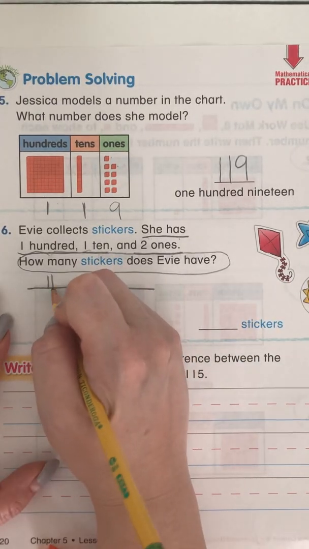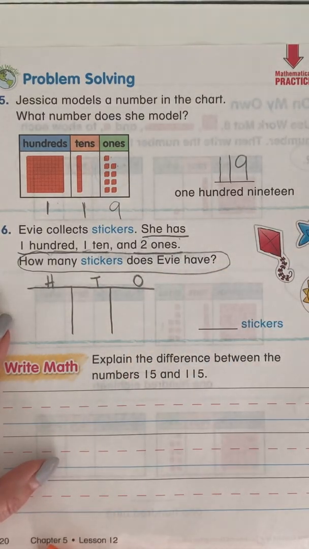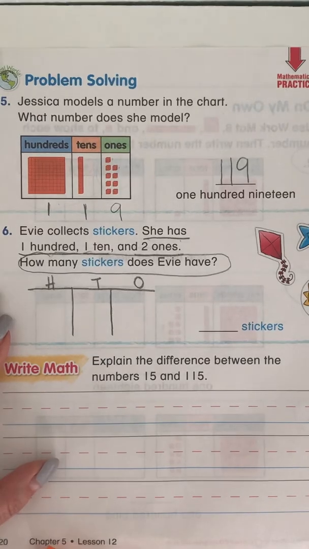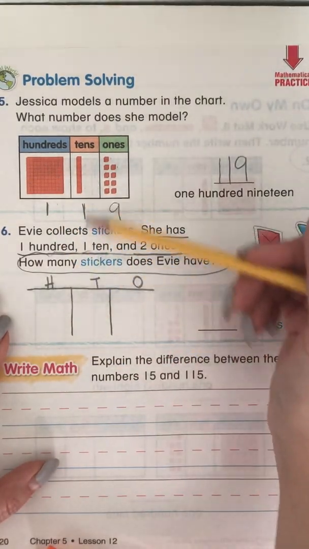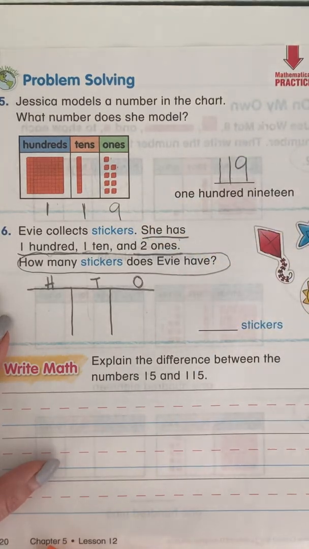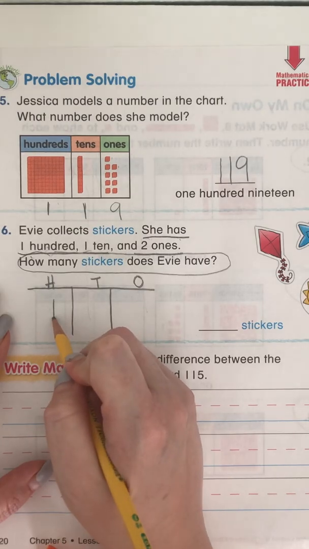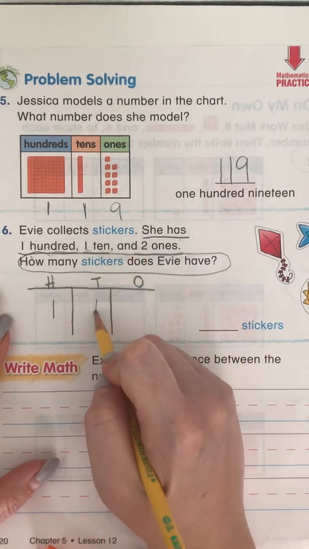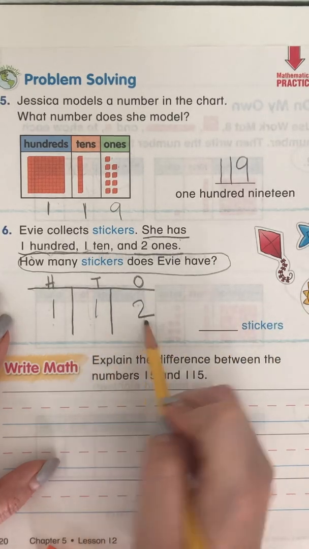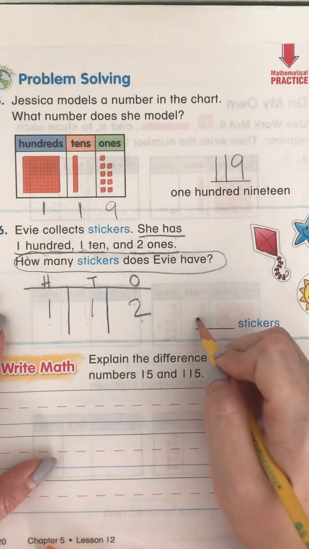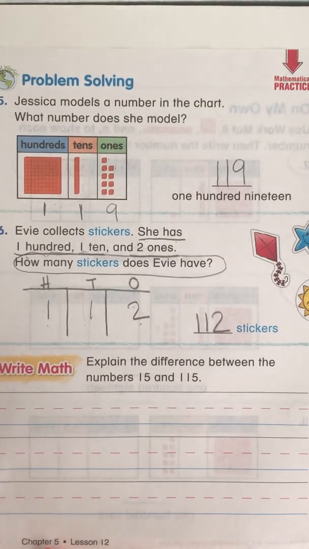We're going to do an H for hundreds, a T for tens, and an O for ones. It looks like this one up here. Hundreds, tens, ones. So we know that she has 100, 10, and 2 ones. So how many stickers does she have? She has 112 stickers.